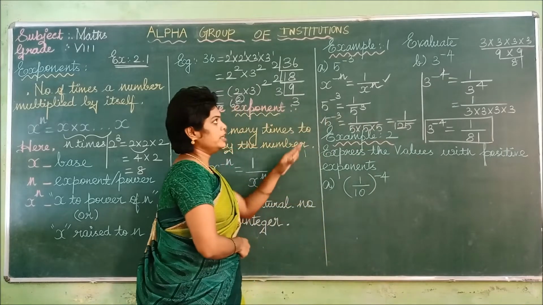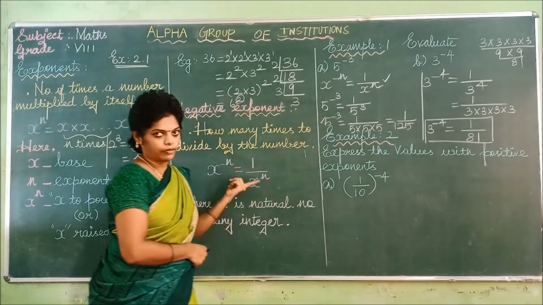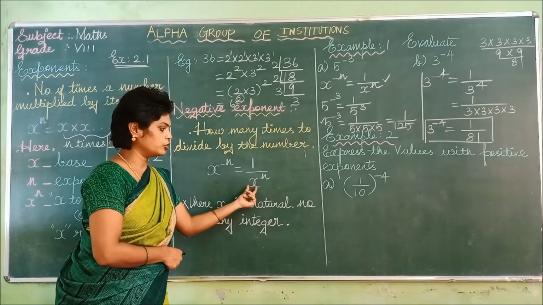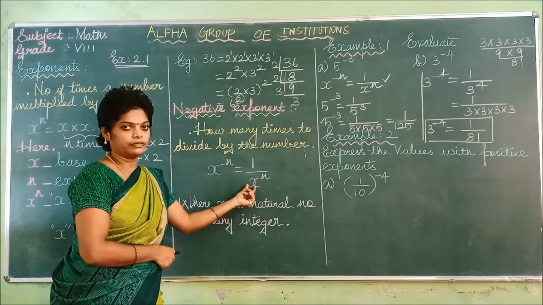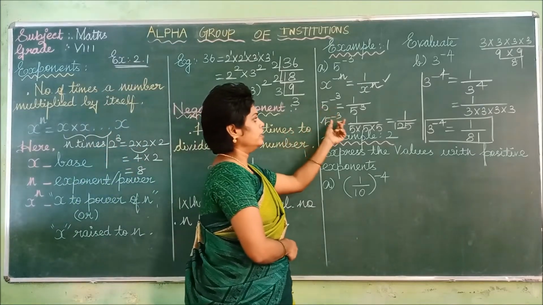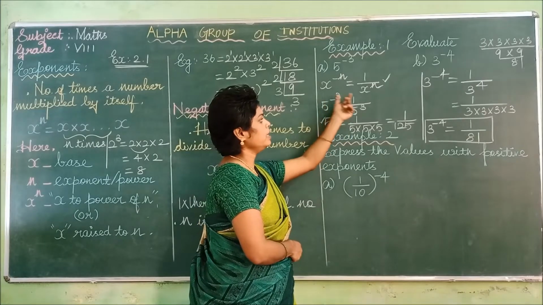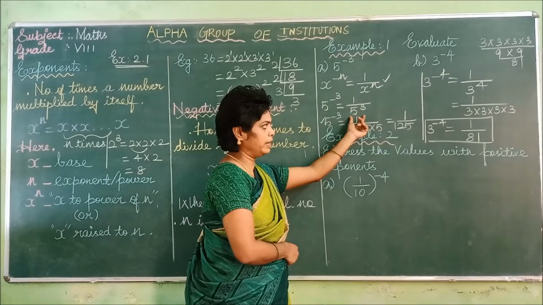So listen carefully. Use this formula for the negative exponent. The negative exponent becomes a positive when we divide it with 1. So write that way: 5 power minus 3 can be rewritten as 1 by 5 power 3.